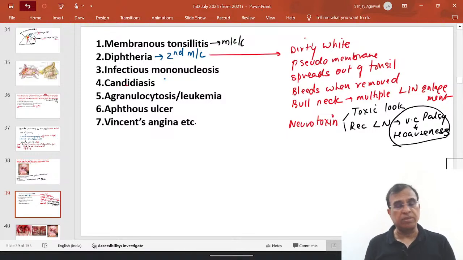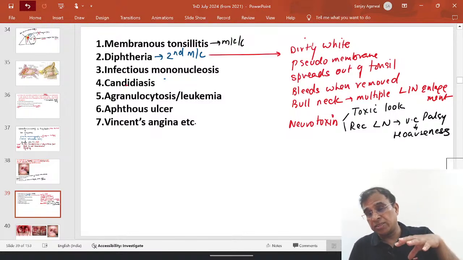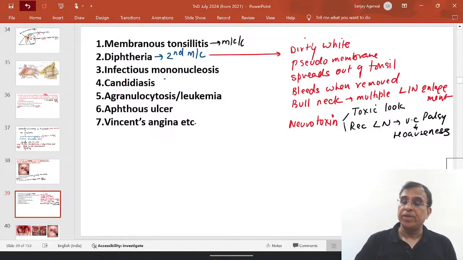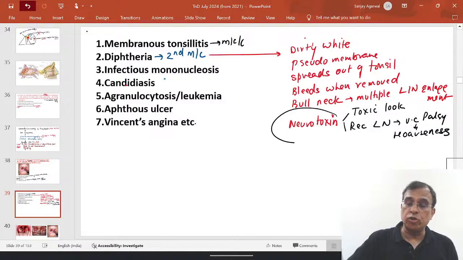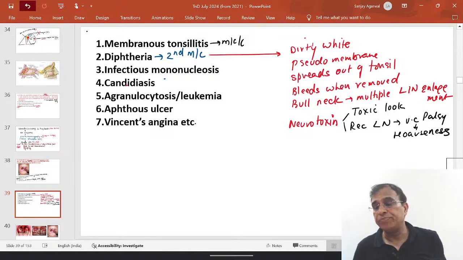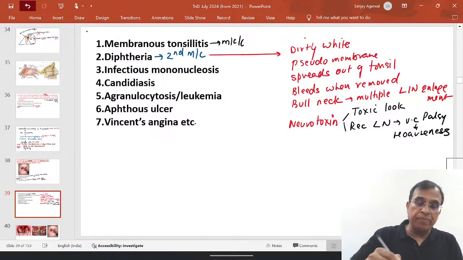So the question was, why is an oropharyngeal disease that has not spread to the larynx causing a laryngeal symptom, hoarseness? And the answer is that this particular disease produces neurotoxin, it can involve the nerve, and the nerve is passing from there, and so the nerve gets involved, leading to vocal cord palsy and therefore hoarseness. Right.